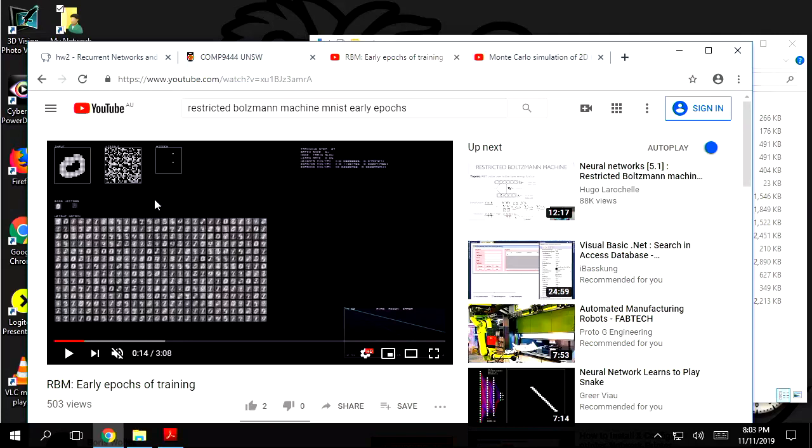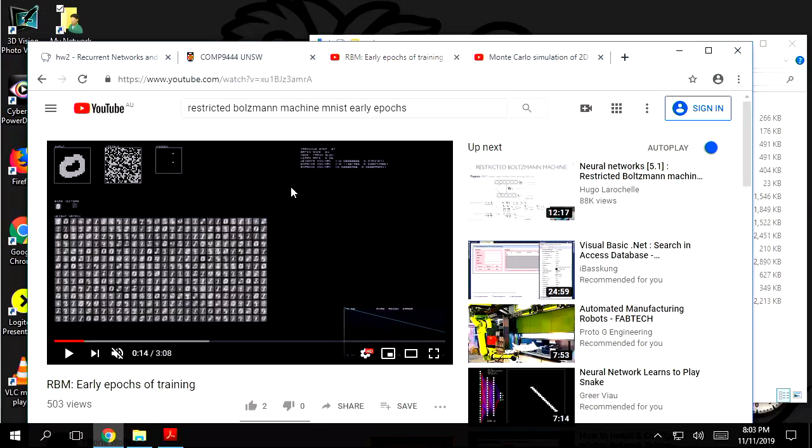So we go from the visible to the hidden, and then from the hidden back to the visible. In the early days of training, the image that we get back is just kind of a mess, because these weights are pretty much random. That's the hidden unit activations. The dots are 1 and the black ones are 0.